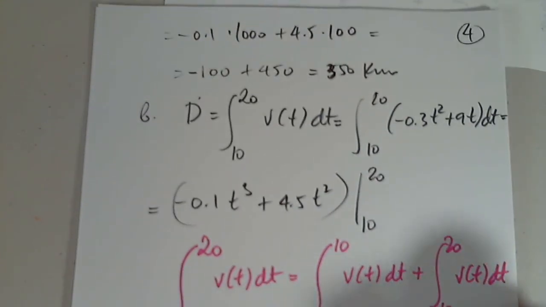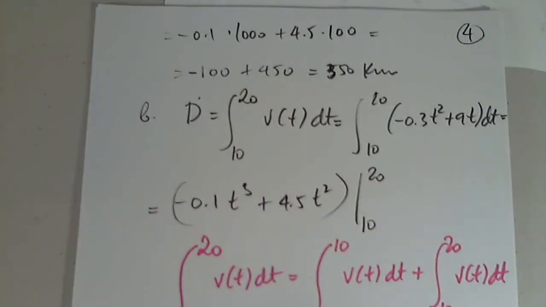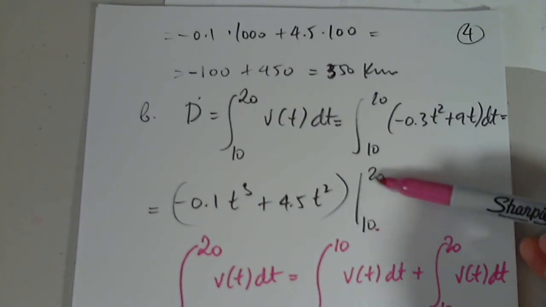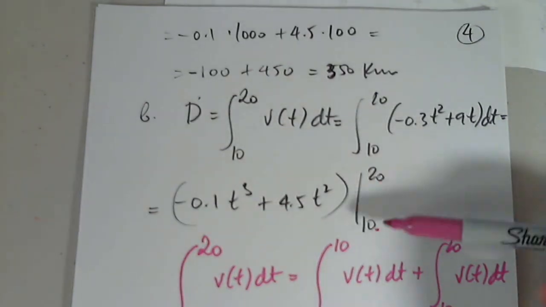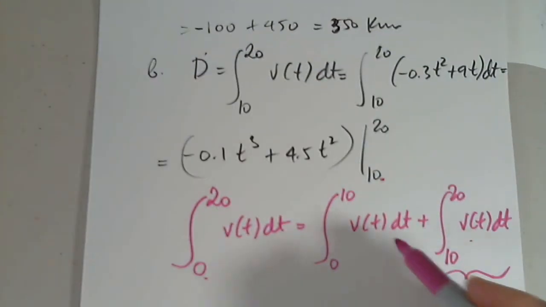Also, because I want to determine this, I can determine this and subtract the number that I already got. So why would I ever want to do that? Because it's always easier to determine a definite integral if the lower limit is 0 versus lower limit 10, upper limit 20. So I could determine this integral by subtracting.